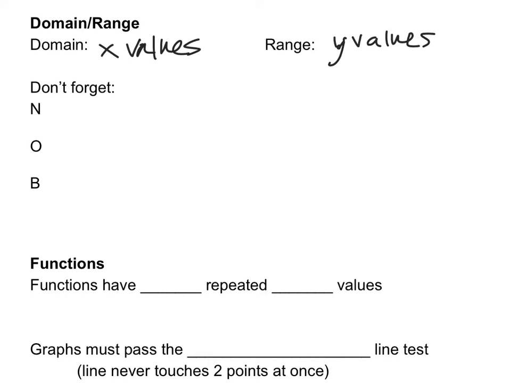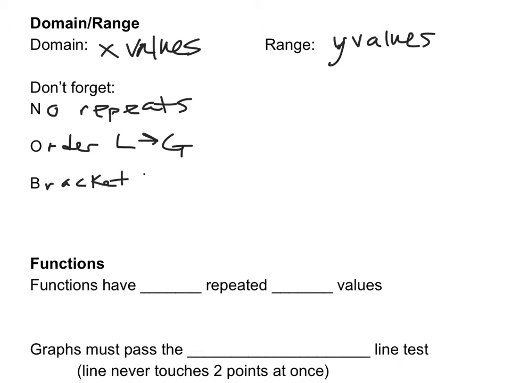And don't forget, I came up with this cheesy thing, KNOB, which was no repeated values. So no repeats, order from least to greatest, and brackets. These are our 3 little notation things that were important when we do domain and range.